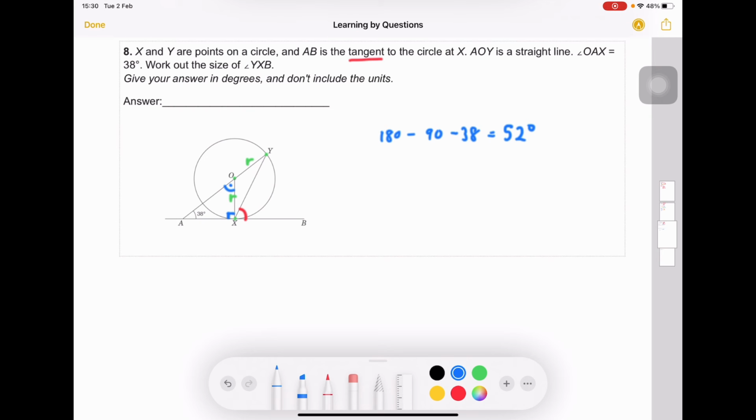Using that, we can work out this angle here, because angles on a straight line add up to 180. So 180 take away 52 degrees equals 128.